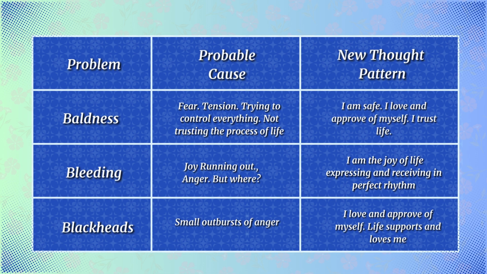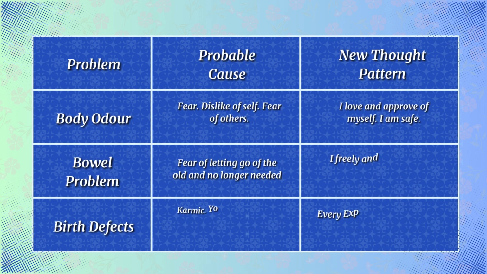So you are having small outbursts of anger each and every time. You can see in blackheads also there are small little outbursts on your skin, right? In the same way you're having small outbursts of your anger, that is the probable cause. You're not liking yourself, you're not approving of yourself, you don't do self-love and self-care, that's why you're having blackheads. So the new thought pattern is: I love and approve of myself, life supports and loves me. Now let's move on to the next slide.